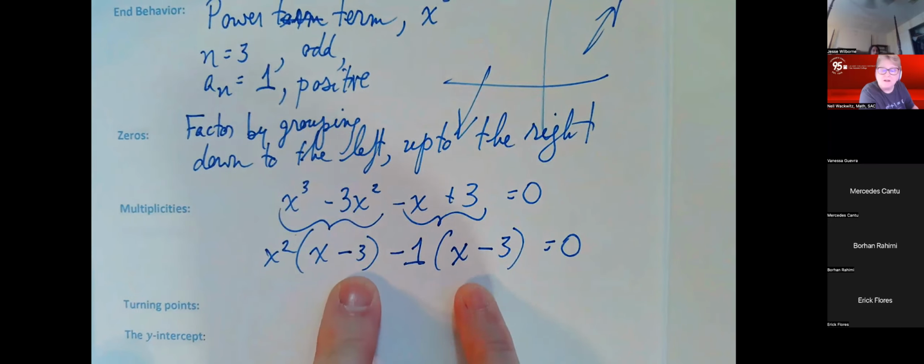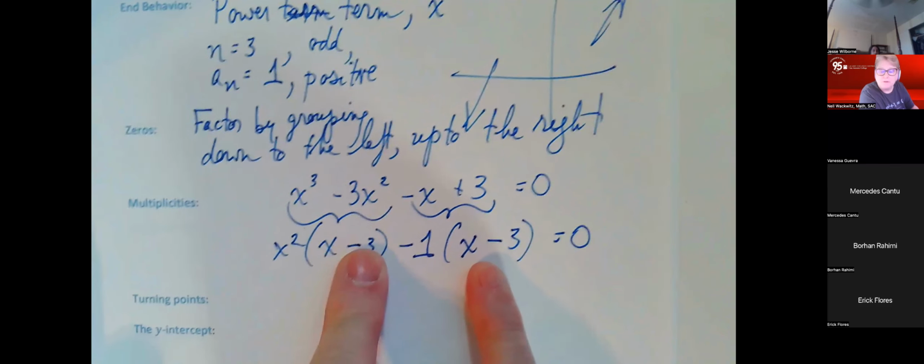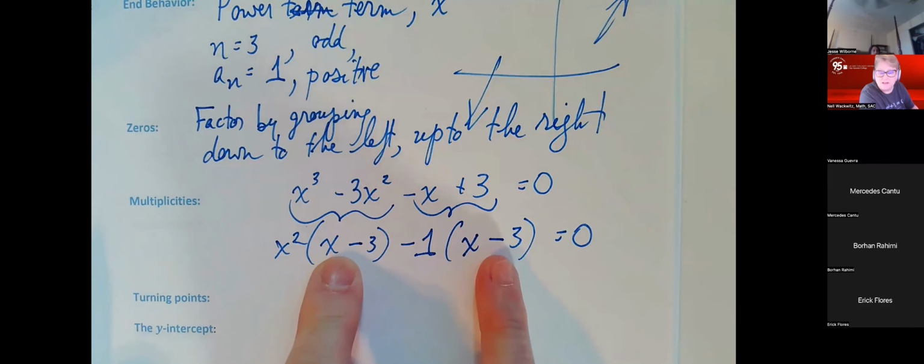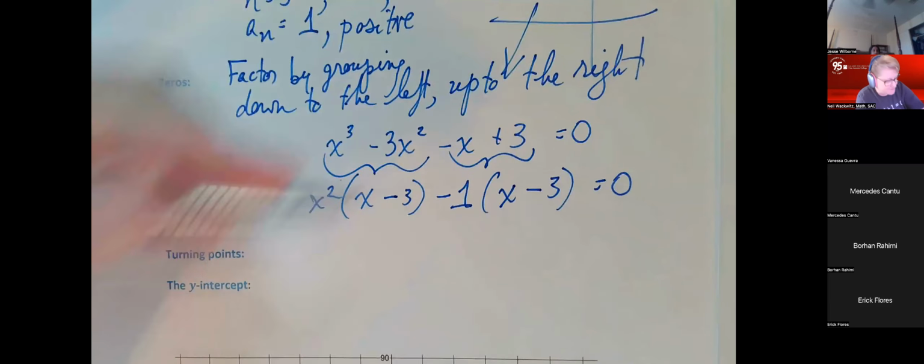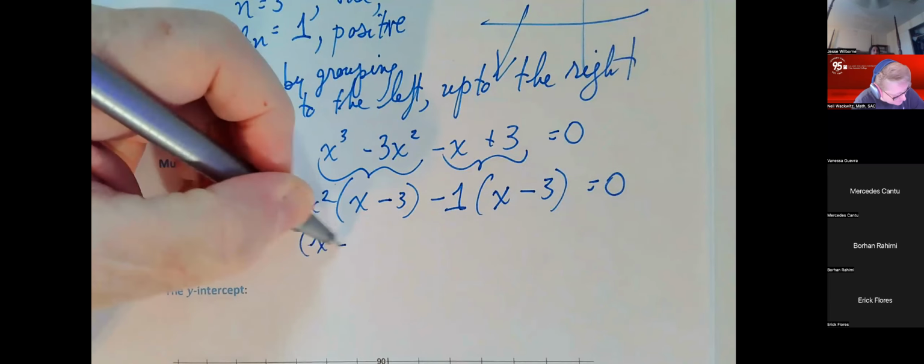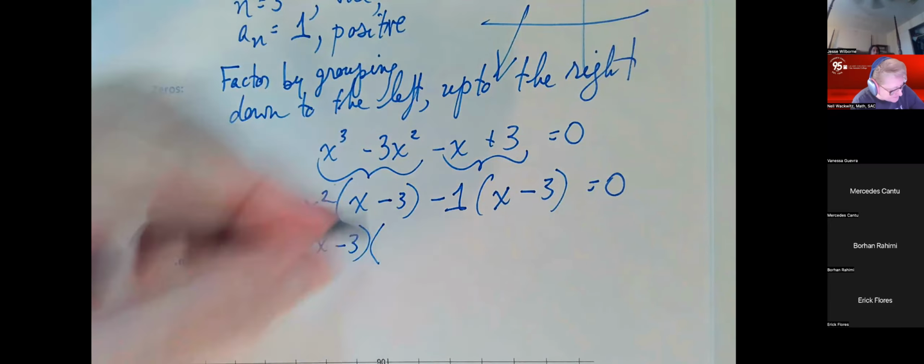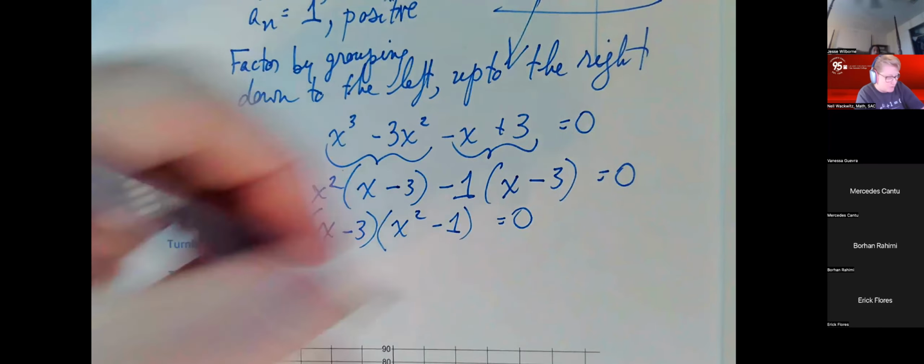Now we want to check, do the terms that we factored out match? Yes. Great, so we're going to pull that factor out front and write down what's left. x squared minus 1 equals 0. Can we factor a little bit more?